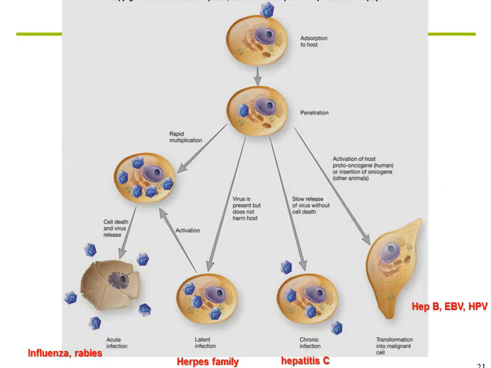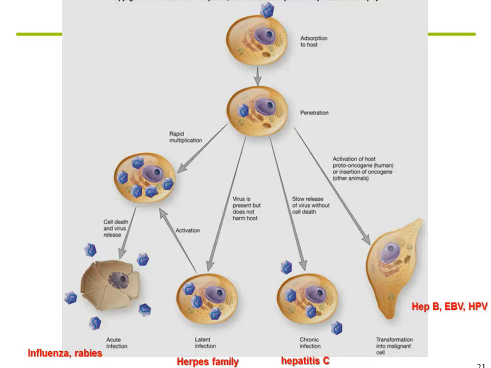So here's some of the things we talked about, going from left to right. Lytic infections, acute infections, fast turnaround. Infection, fast symptoms and injury, and fast death of cells or destruction of cells. Not necessarily the death of the human, though. So we have rabies and influenza and lots of others. Cold viruses would be another example.